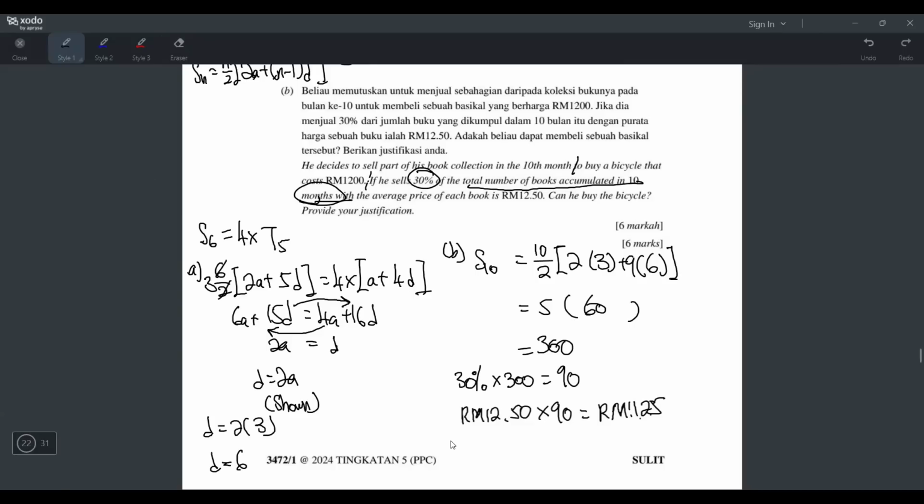So we have to write a sentence here. Kita kena tulis satu ayat yang jawab soalan dia. Can he buy the bicycle? We need to write no and provide your justification. So why?